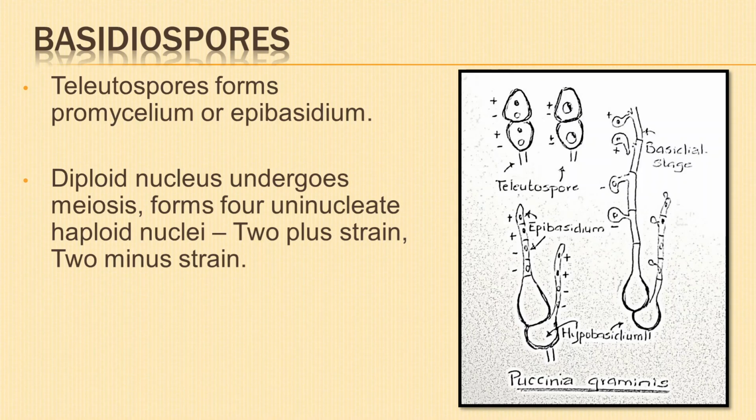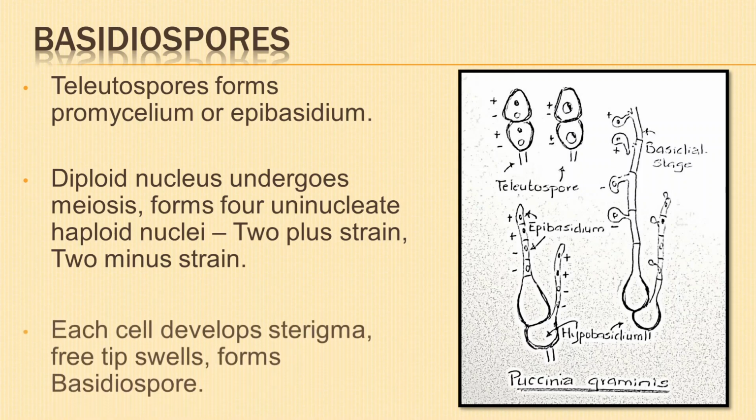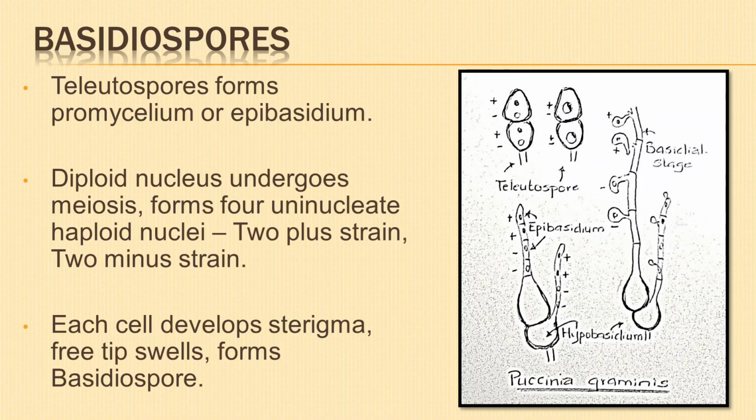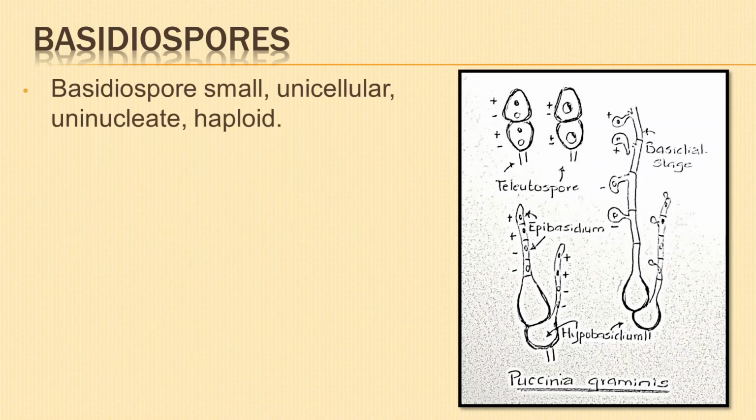Thus, 4 uninucleate haploid cells are formed. Each cell develops projections in the form of short narrow tube, the sterigma. The free tip of each sterigma swells to form a basidiospore, which are small, unicellular, uninucleate haploid structures.